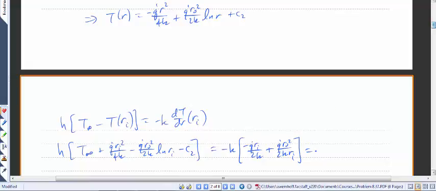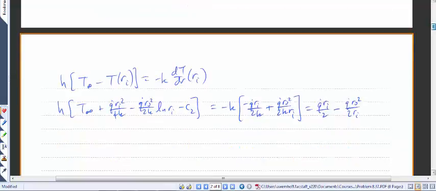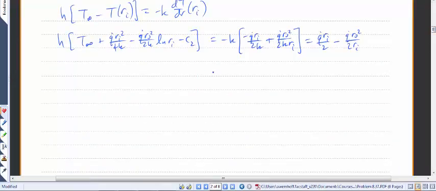And we can take this right-hand side and further expand it out as q dot Ri over 2 minus q dot Ro squared over 2Ri, or q dot Ri over 2 times 1 minus Ro over Ri quantity squared.